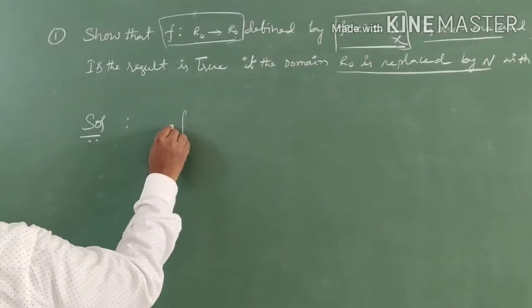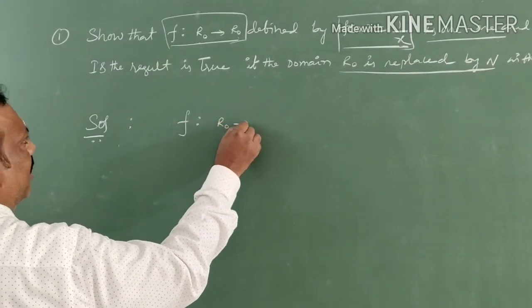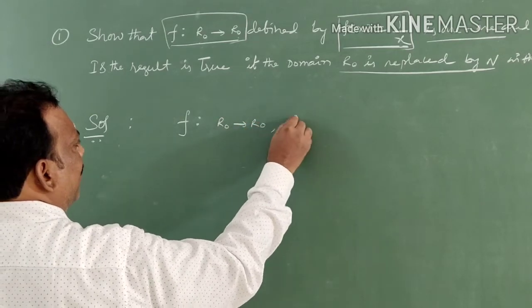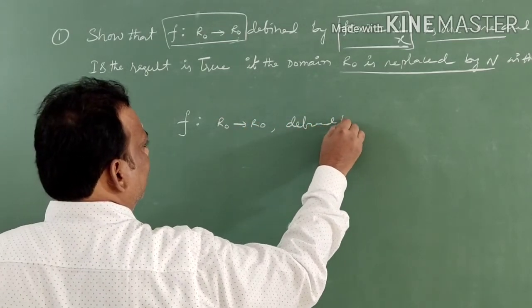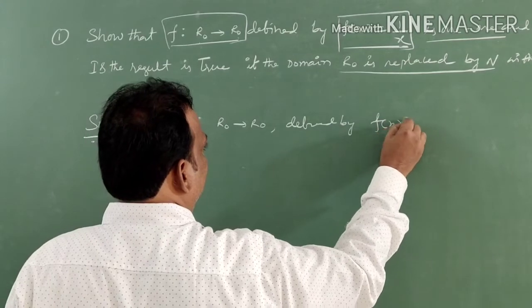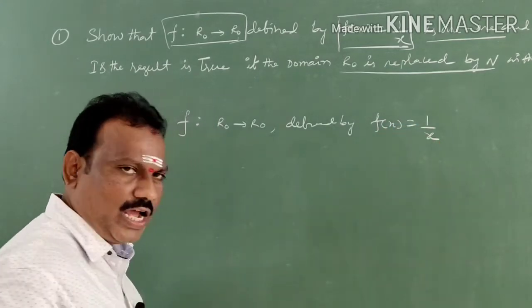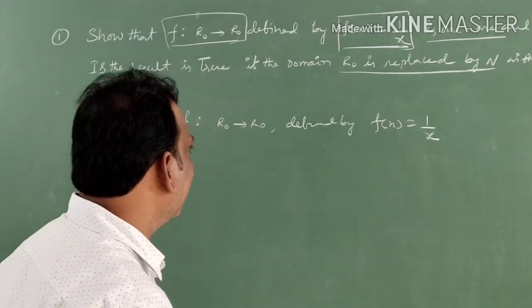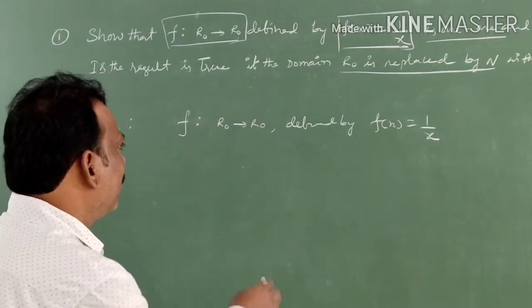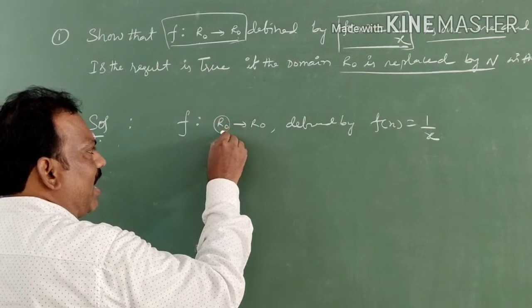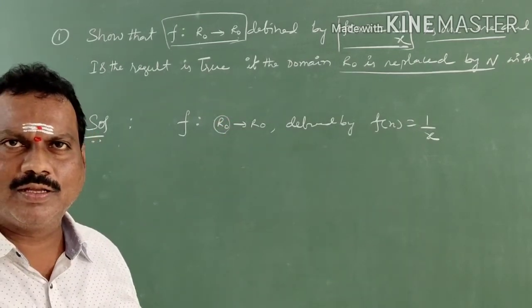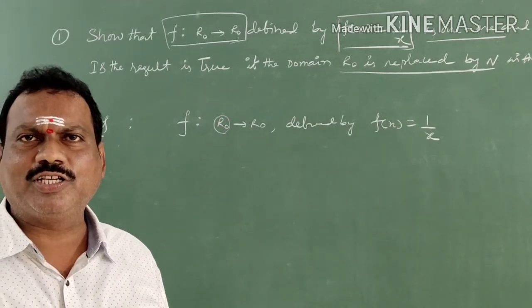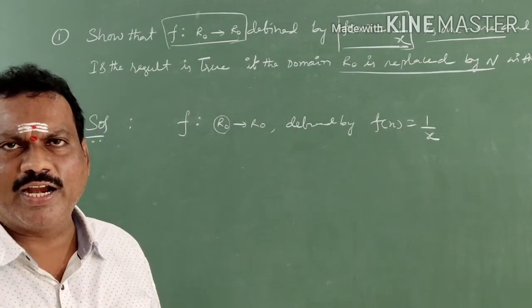Solution, students. F is a mapping from R0 to R0 defined by f of x is equal to 1 by x. I will give two types of definitions. First one, according to one-one, you consider all values of R0. R0 means except 0, all positive numbers, all negative numbers.